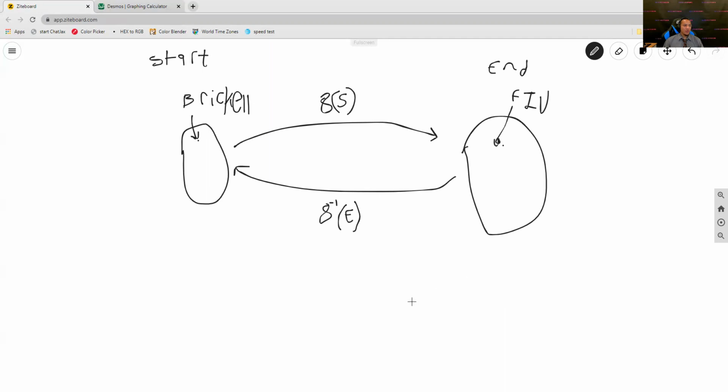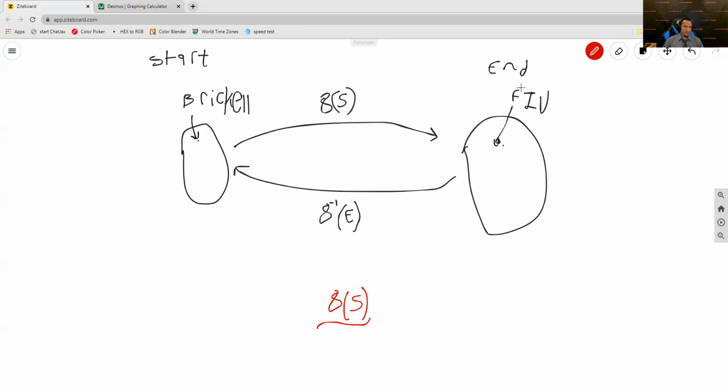So check it out. If you start off at this location, S, actually I'm going to write it in red. If you start off at Brickell, your starting location, and you take the 8, then this right here represents FIU.